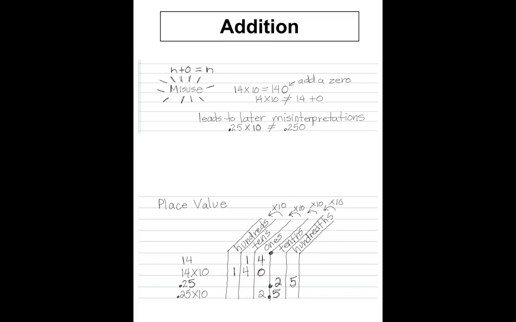So really what I'm doing is moving the number 14 over to the left one place. And so that would create the 140, and the 0 becomes a placeholder in the ones place and not an adding of 0.